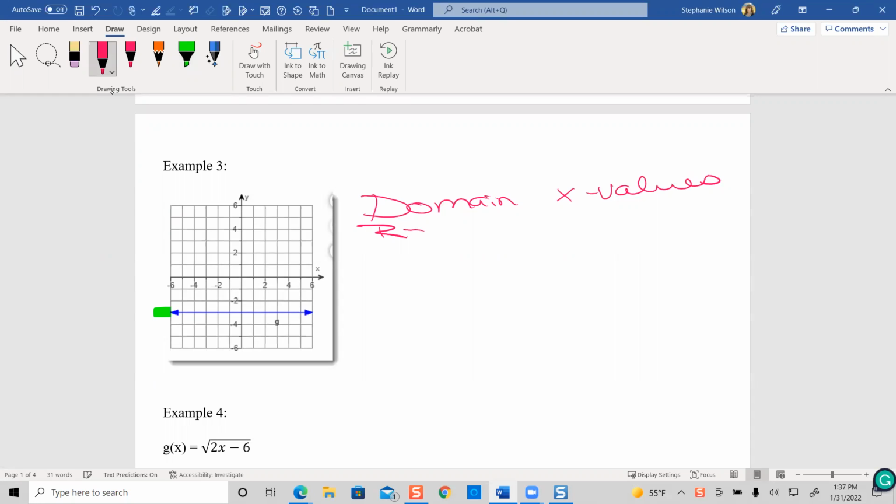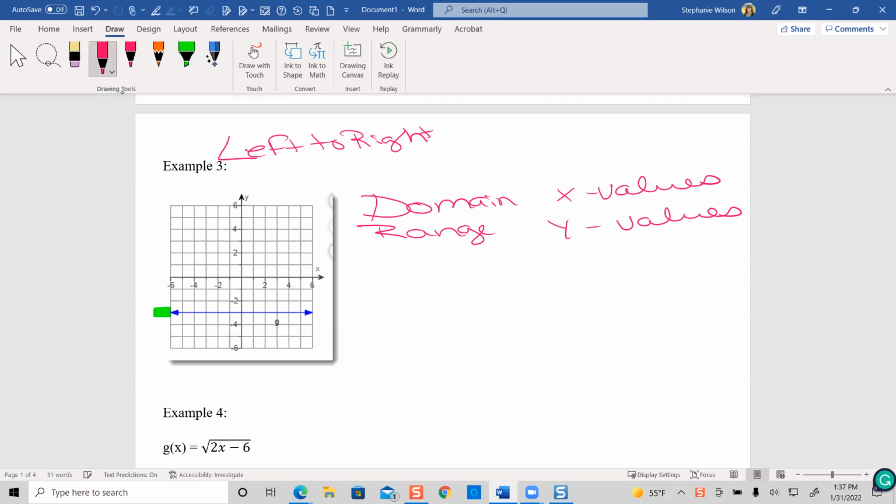Whenever we talk about range, we talk about the y values. So let's start with the domain. Anytime we're solving for the domain, we always read left to right.